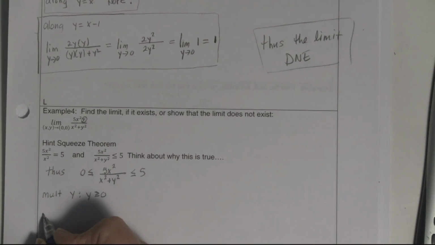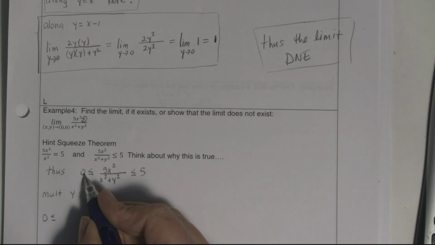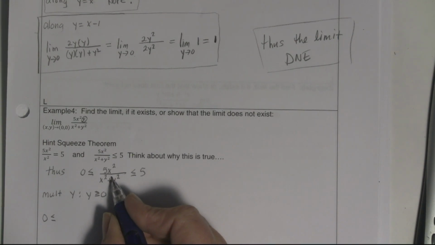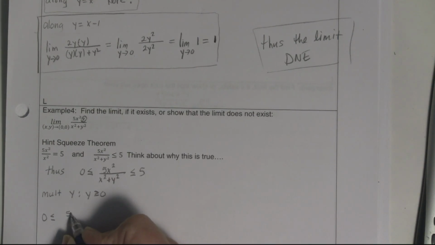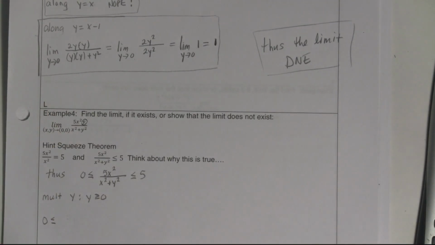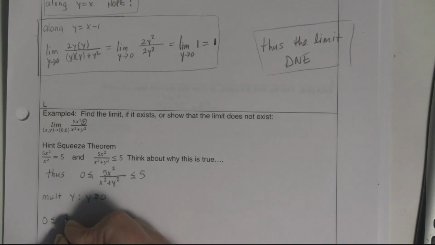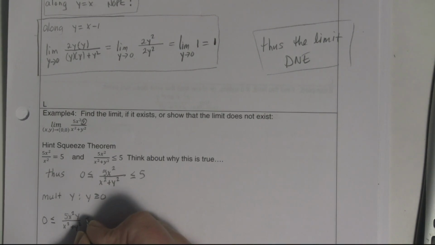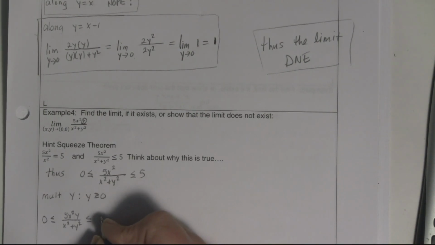So here I'm going to get 0 times y is 0. And then times y, and no flip of the symbol, is 5x squared over x squared plus y squared. Same symbol, and then 5 times y.